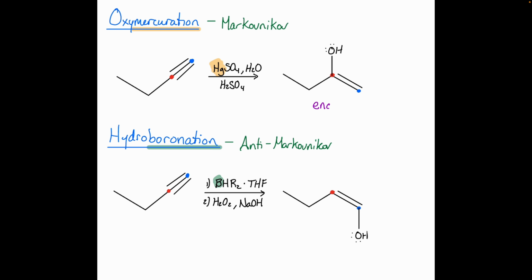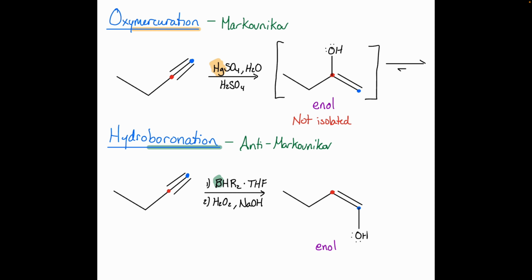This is true. I haven't lied to you or anything like that. It is a little bit more complicated than this because it turns out that these enols are not stable. So these enols, although they are formed in this chemical reaction, they are not isolated. This thing is going to go on and react to form what is our actual product in this reaction here. All right, and that's true for both of these cases here, regardless of whether it is the more or less substituted carbon.